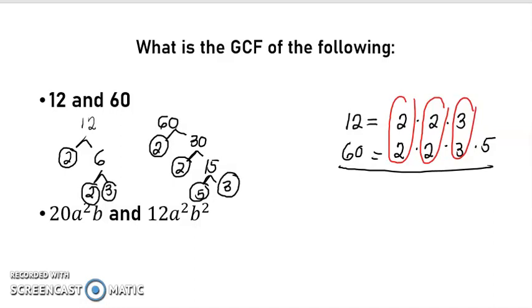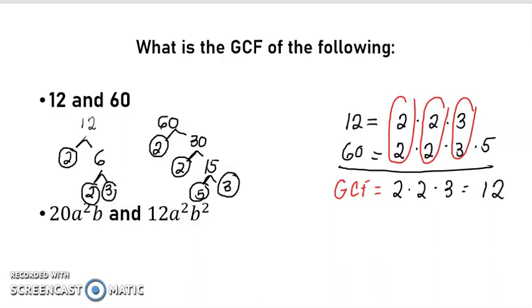Now, since 5 is not common to both 12 and 60, we will not get 5. Therefore, the GCF now is equal to 2 times 2 times 3, which in simplified form is equal to 12. Okay, so let's write 12.